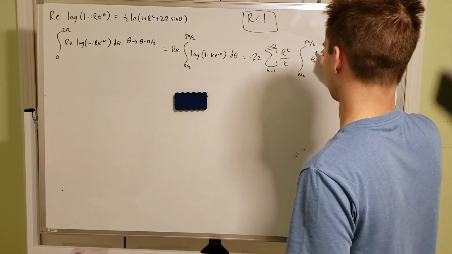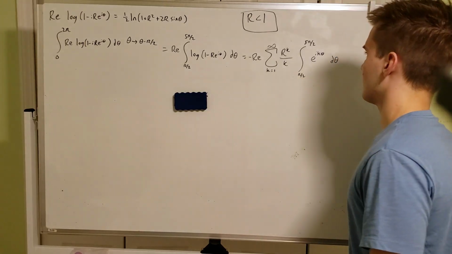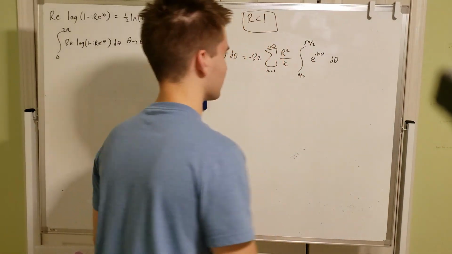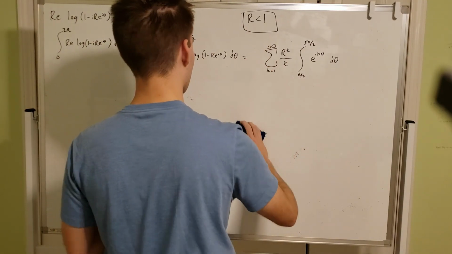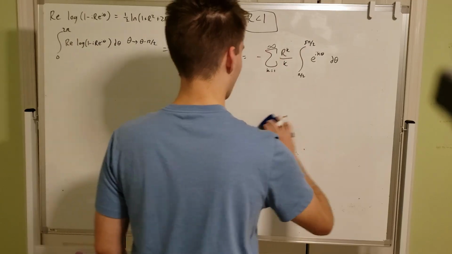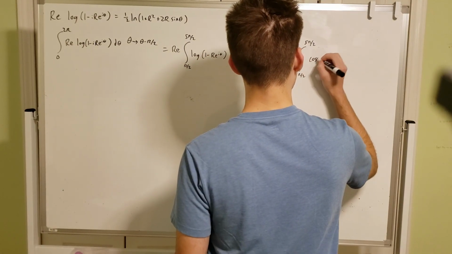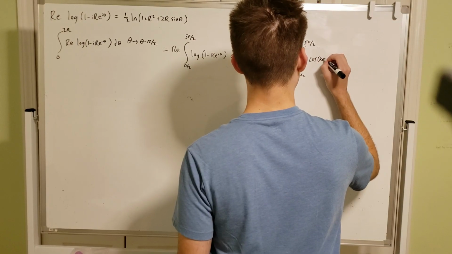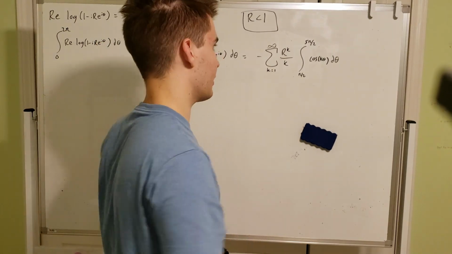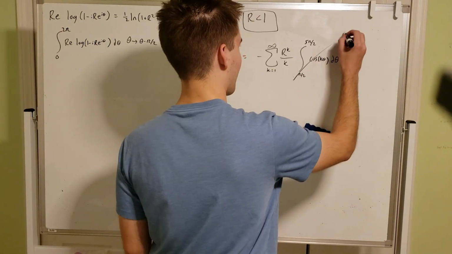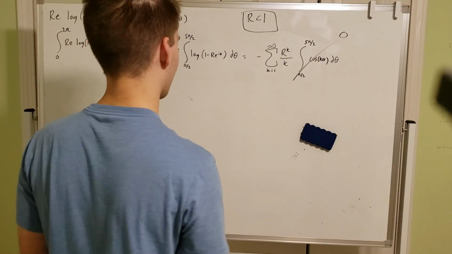And this will just be e^(ikθ). If you need help seeing it even more, we can remove the real part to turn this into cosine kθ. And you should know that this is just an integral of cosine over the full period, so 0. Okay, nice. So this whole thing equals 0.